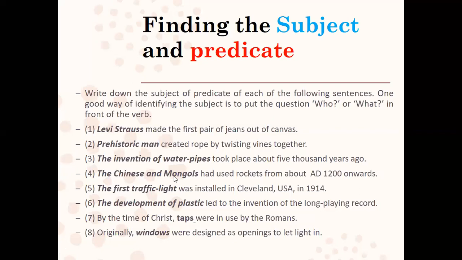The words in italics are the subject, and the rest of the sentence is the predicate. Levi Strauss is the subject, and made the first pair of jeans is the predicate. Prehistoric man is the subject, created rope by twisting vines together is the predicate. You can do this exercise in your book on the same page.